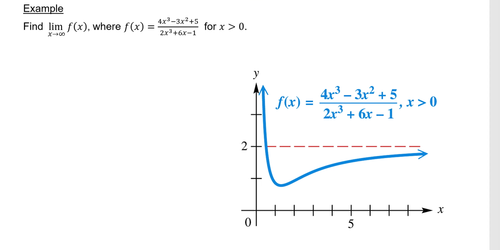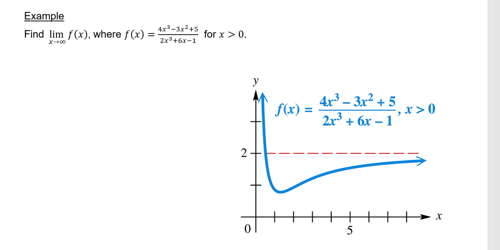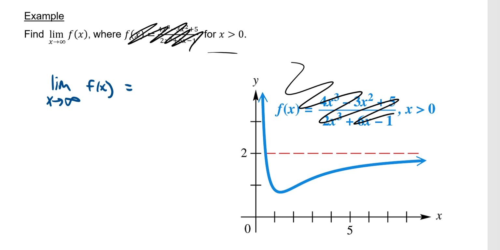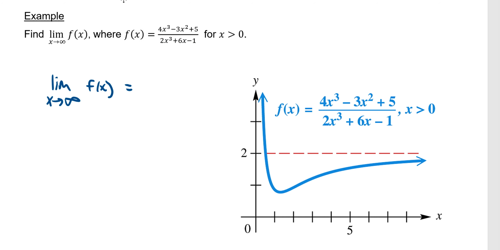Okay, let's see one more of these. And this one looks really messy, right? If we were not given the graph, we have this kind of nasty looking function, and we want the limit as x approaches infinity of this nasty looking function. But once again, we don't even care what the function is when the graph is given to us, because we can just look right at the graph.